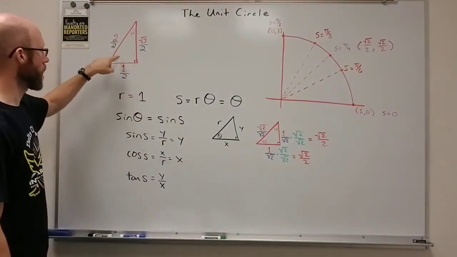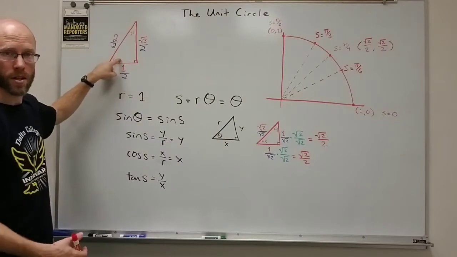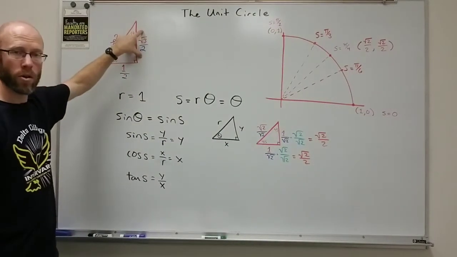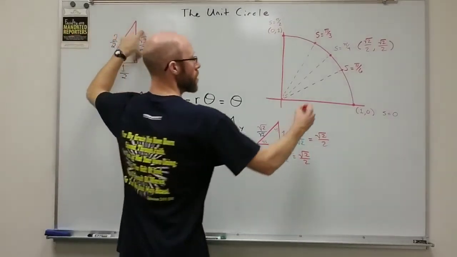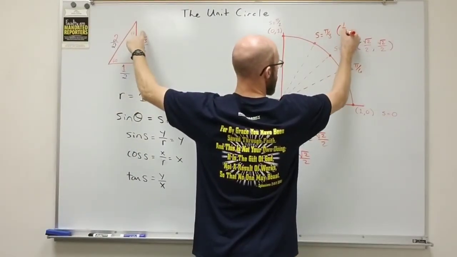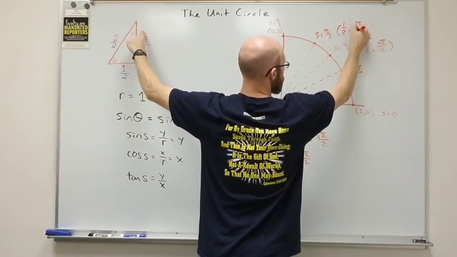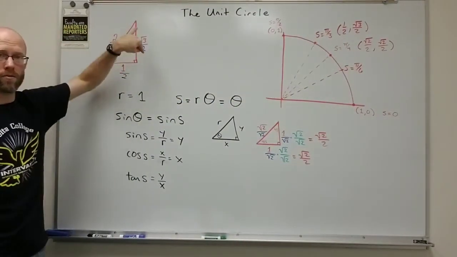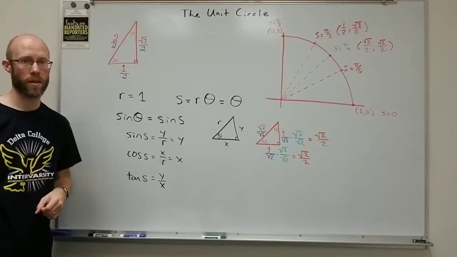So with a pi over 3, that's a 60 degree angle, the x coordinate is 1/2, the y coordinate is square root of 3 over 2. Okay, so we have 1/2, comma, square root of 3 over 2. Again, x and y are the horizontal and vertical sides respectively.